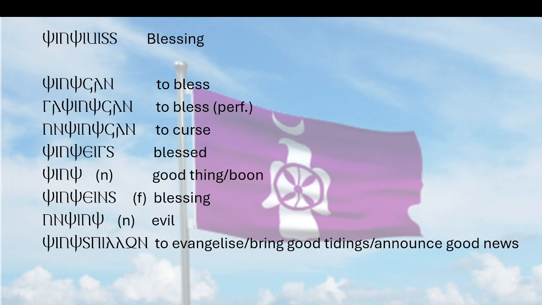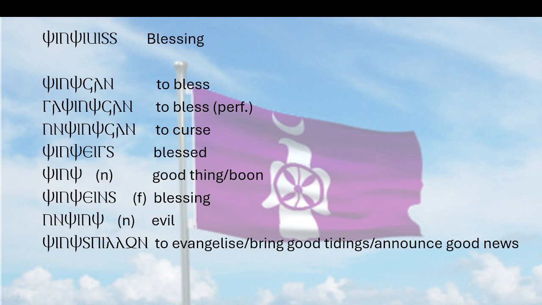So gatheosian is basically theosian, but in this perfective form. Then we have 𝑌𝑁𝑰𝑹𝑺, meaning to curse, or in other words, etymologically speaking, to unbless. We also have theosikes, an adjective meaning blessed. Theos, a neuter noun meaning good thing or boon. Theothenes, a feminine noun meaning blessing.